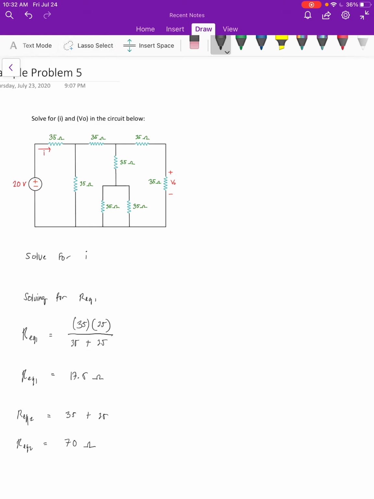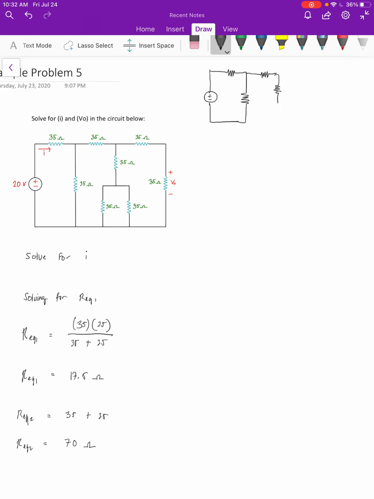So once we get the two equivalent resistors, we can now further simplify the diagram, and let me just redraw it for you. Continuing on to this top page, we have this one, we have another resistor right here, and another resistor right above.